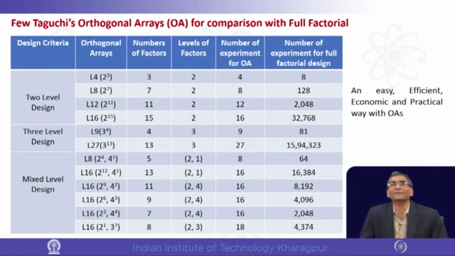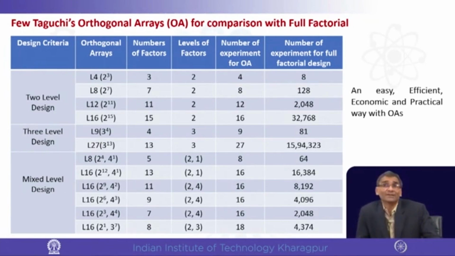In another place, for L16, 32,768 experiments are required, but with Taguchi only 16 will do. So, you understand to what extent the Taguchi method is efficient in reducing the number of experiments. If you can reduce the number of experiments, we can quickly set the parameters and immediately start working on it, so that the performance variation is minimal.